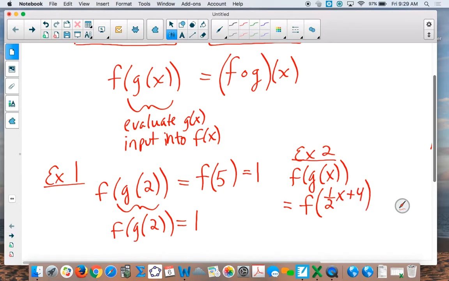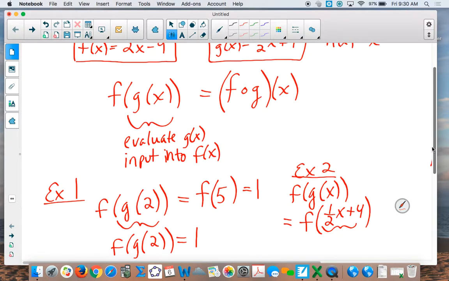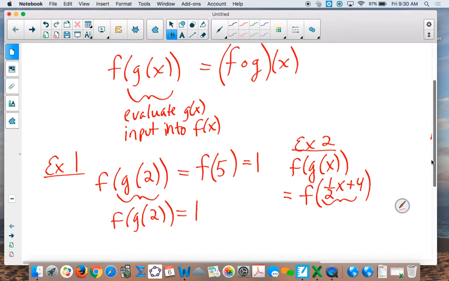Now anywhere you see x in the f function, we're going to replace it with our new input. And again, our f function here is 2x minus 9. So now 2, we're replacing x with our output from g of x, minus 9. And now you just work it out.